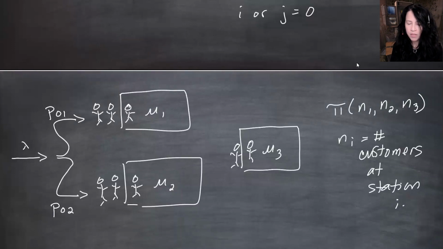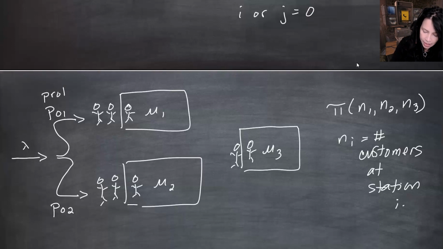That may be a little misleading because on the arrows I usually have rates, and these are not rates. These are probabilities. But we do know the rate, because the people moving from the outside to server 1 form a thinned Poisson process with rate lambda times P01. But this notation on the arrow is a probability, not a rate.